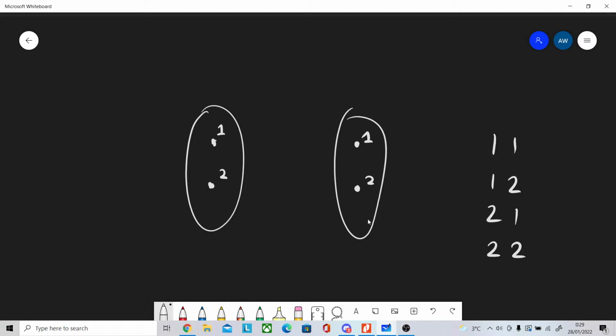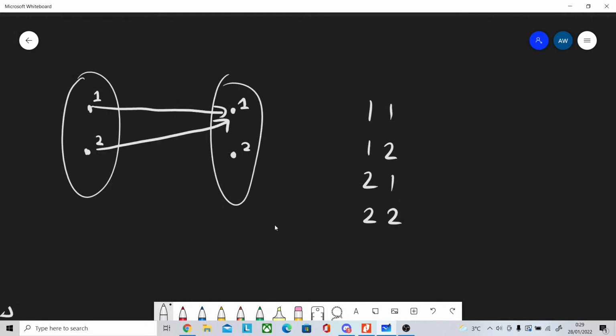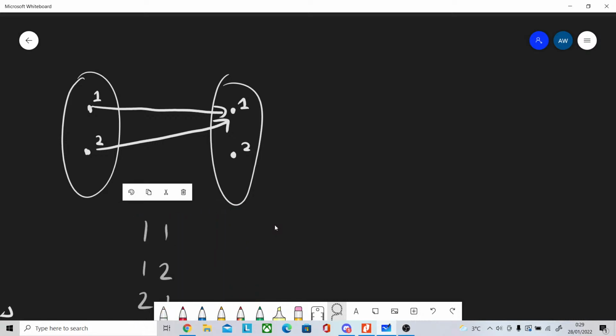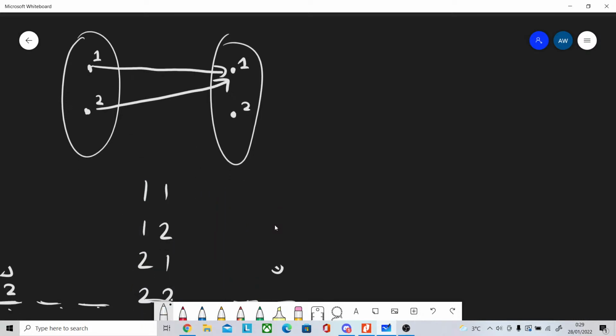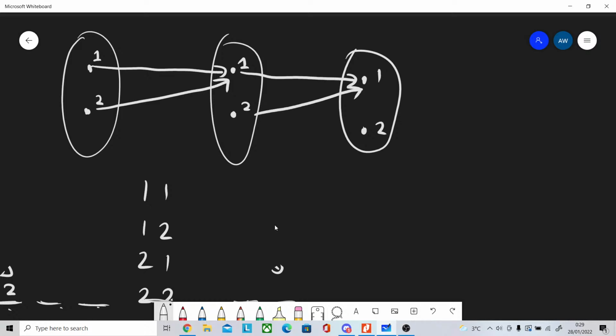So 1 goes to 1 and the second point goes to 1. If we compose it again, we need to do this again, 1, 2, and we have this one right here and this one right here.